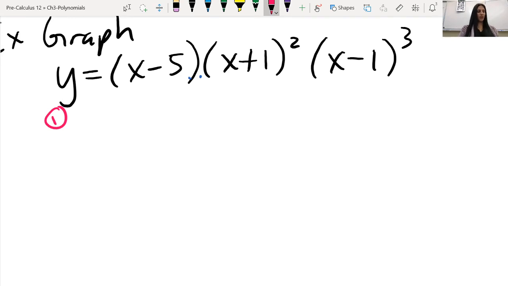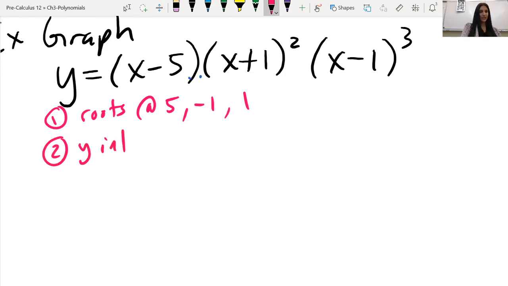So we have our roots at 5 from here, -1 with a multiplicity of 2 there, and then +1 with a multiplicity of 3 there. Okay, our y-intercept, well, that's the point where x equals 0, so I don't think we need to write every single part of it down right now.